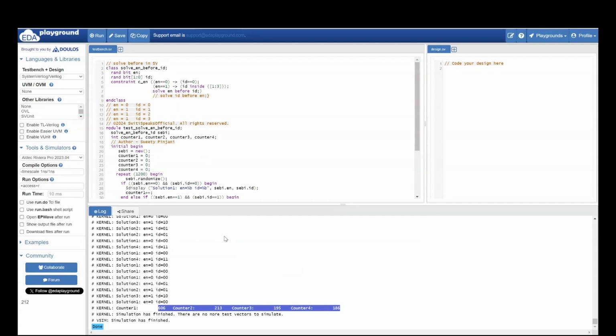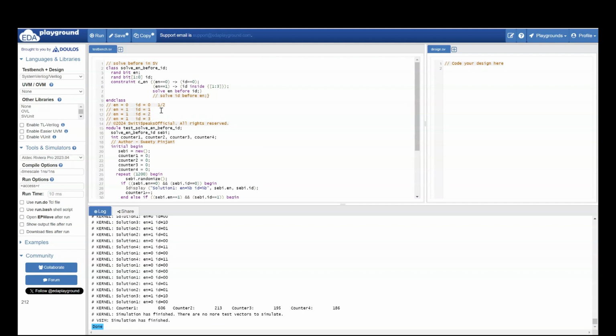Now since we are already running this example, let us analyze the probability of different solutions. Solve enable before id means enable is going to have higher priority compared to id. Whatever values of enable are possible, they are going to get equal probability. Enable is a 1 bit variable. 1 bit has two different values, 0 and 1. 0 will get half probability, and this entire space, enable equal to 1, will get half probability together, and there are three different solutions.